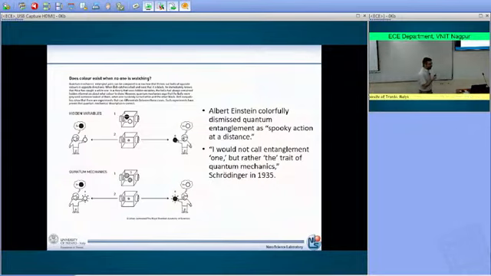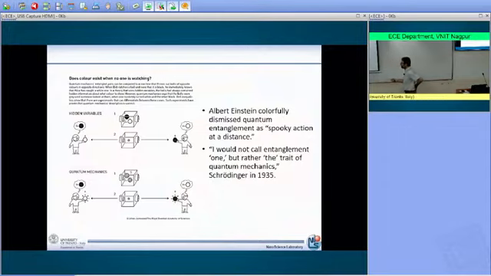For example, let us consider that the photons can be red or blue. Or if we consider the polarization state, they can have a vertical or horizontal polarization. So Einstein was thinking that within the box, the properties of the two photons were already established.